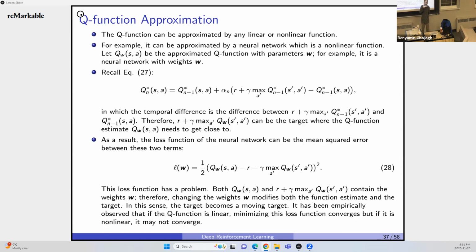As a result, we can use a neural network to approximate the Q function. And this is what they did in DeepMind before joining Google, right? And then we'll introduce deep Q networks or DQN, and we'll see how it was used for solving the game of Go. Game of Go. Yes, that's it.